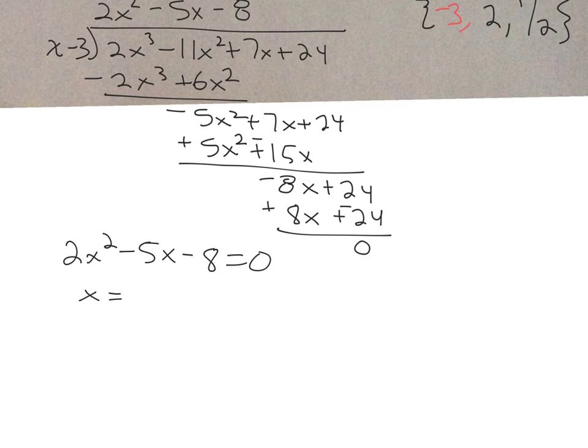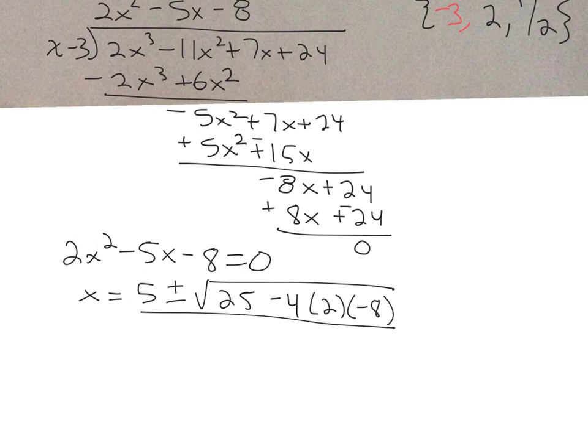That's going to give us x equals 5 plus or minus the square root of 25 minus 4 times 2 times negative 8 all over 2 times 2. And that is going to give us x equals 5 plus or minus the square root of 25 plus 64, which is 89. And 89 you'd have to check, but 89 doesn't break down to any perfect squares.